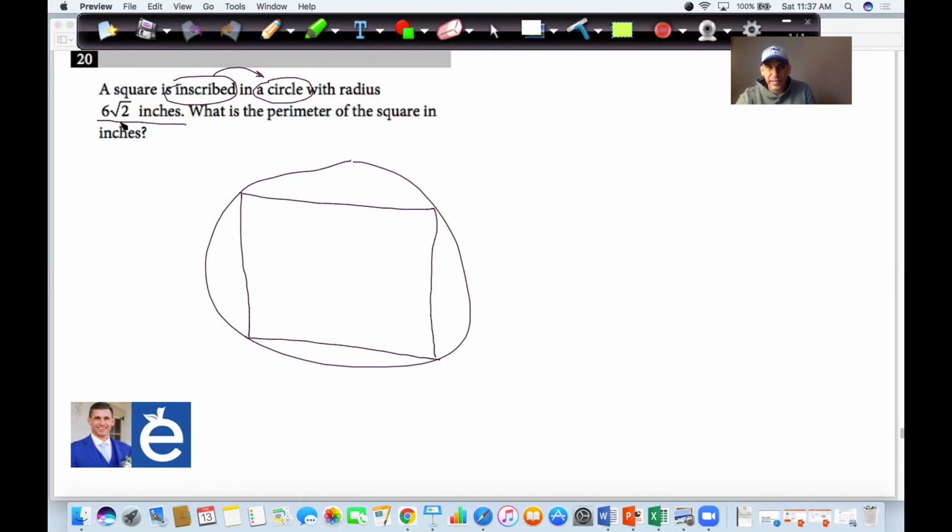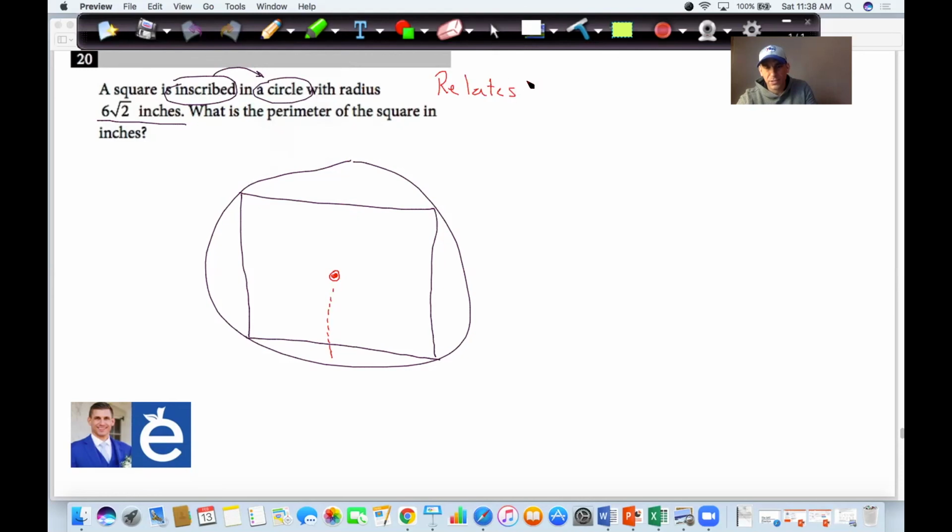It does say a radius of 6 radical 2 inches. So for my circle, now remember, radius always comes from the center of the circle to the furthest endpoint. So the radius would go, let's say, to here. But what I notice, and this is probably the more important thing, is that I want to go from the center to an endpoint that also somehow relates to the square.